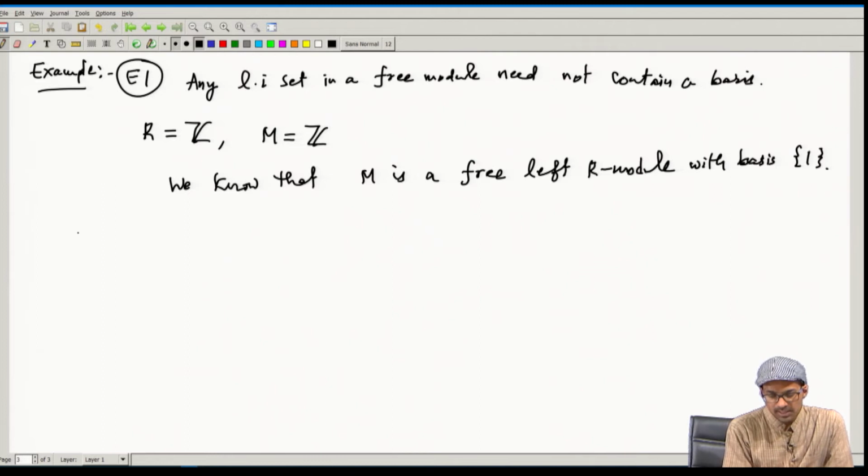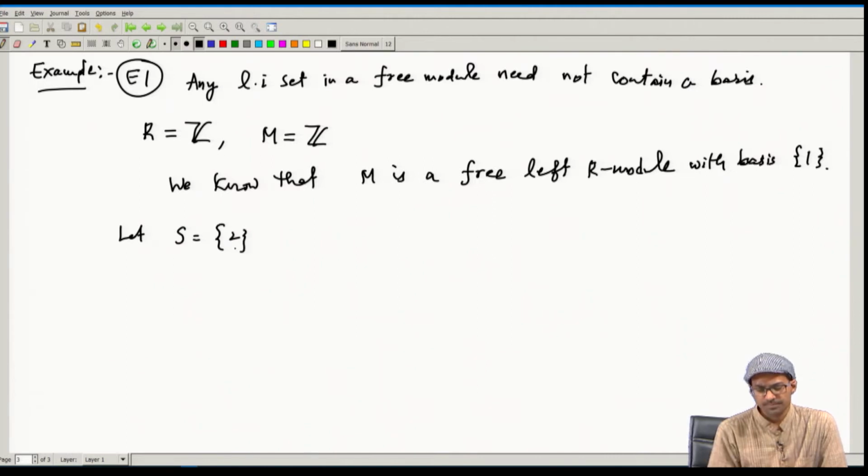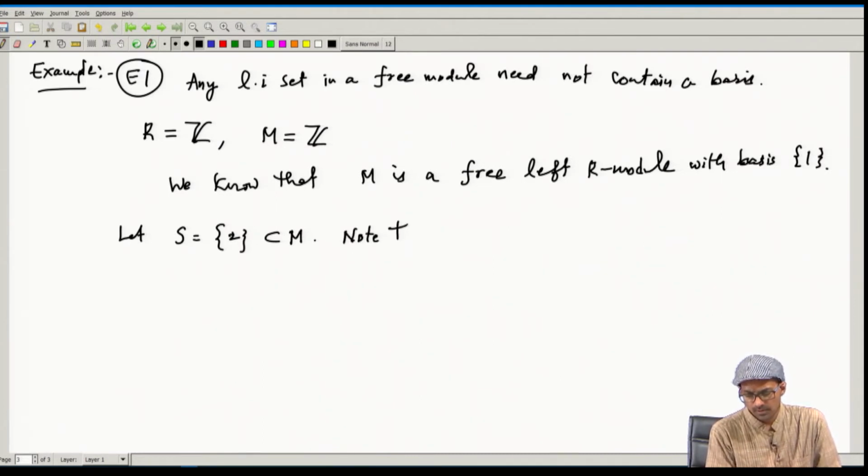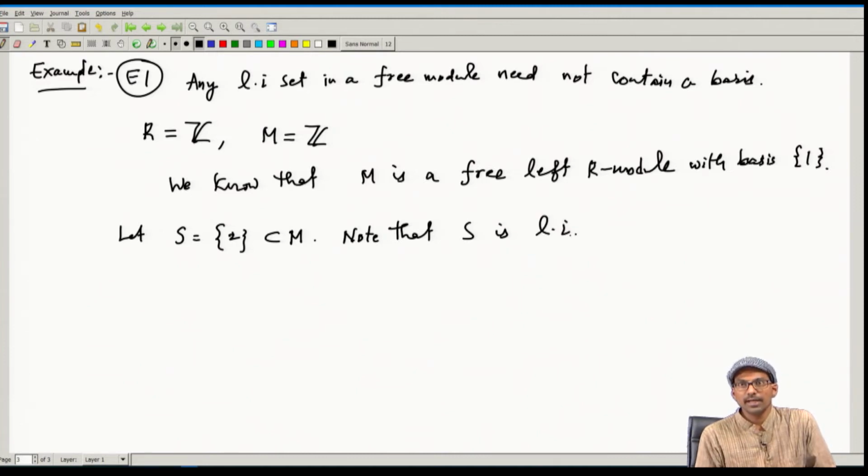But take S to be the singleton {2}, the integer 2. Then this is contained in M. Note that S is linearly independent, right? The singleton set {2} is linearly independent: if I take any Z-combination of 2 equal to 0, then that integer has to be 0.